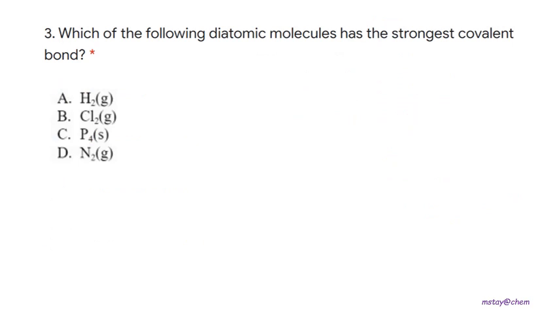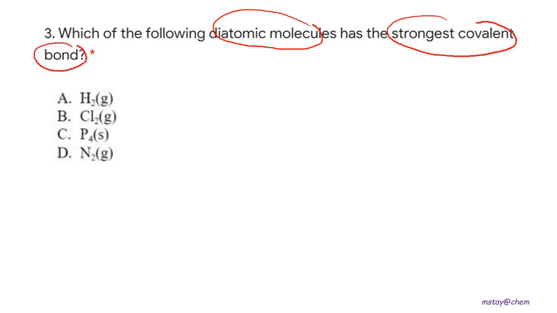Next question, which of the following diatomics has the strongest covalent bond? We have 3 types of covalent bond. Basically we have 2 ways to check covalent bond. Either it's based on polarity, polar or non-polar, but generally all of these have similar atoms, so they are non-polar molecules.